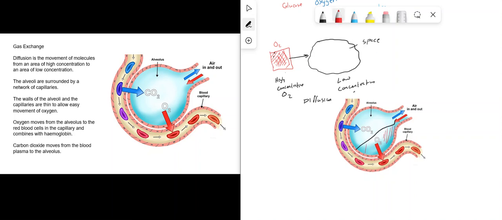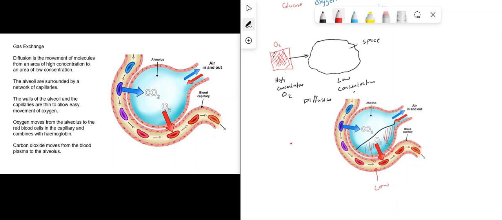So it'll be high concentration on this side, and on this side, it's going to be low concentration. So the oxygen will just want to move across this membrane into this area where there's space for it to move. So it's diffusing from high concentration here to low concentration inside the blood, inside the capillary.